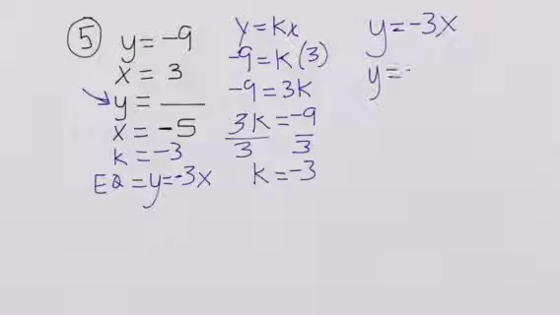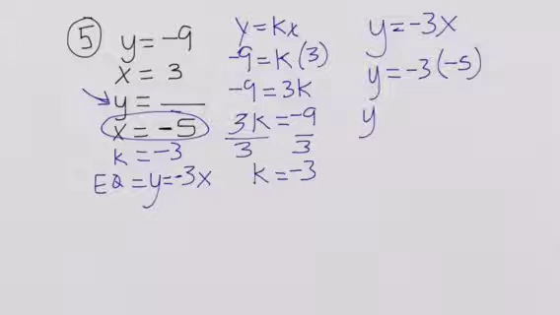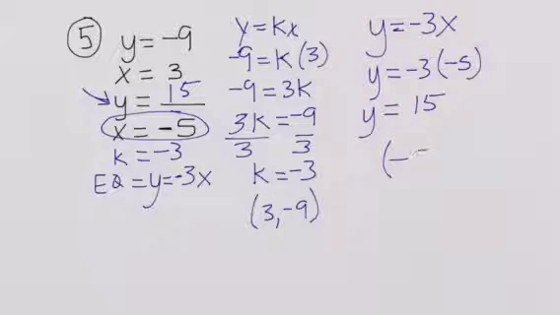Y is equal to negative 3 times negative 5, because that's the coordinate that they've given us, and we're trying to find y. So y is going to equal 15. So we have two ordered pairs. In the first equation, we used 3, negative 9 to find k. In the second equation, we used the negative 5 to find the 15.